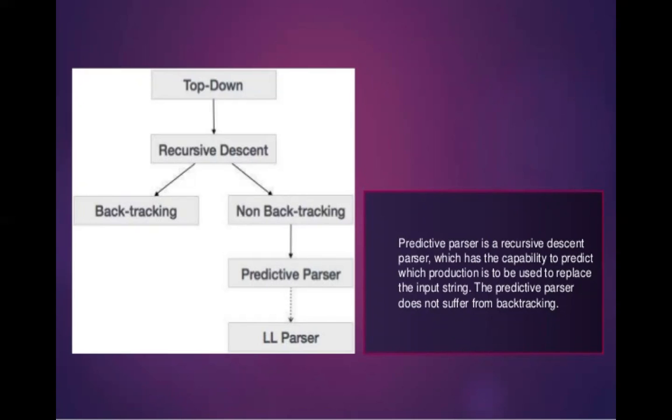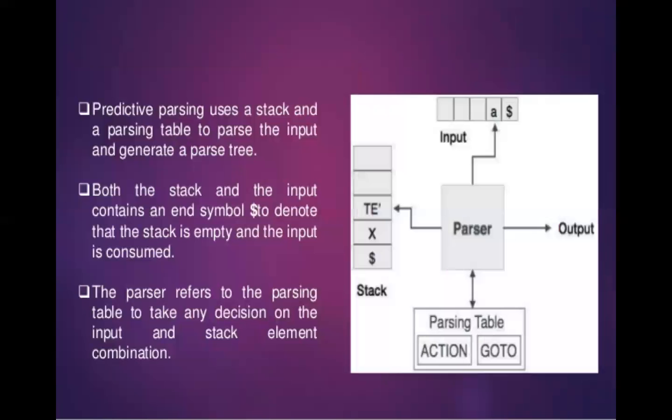Now, why is it called an LL parser and how is it constructed? Here the LL parser takes a stack, which is last in, first out, and the input, and it constructs a parsing table.